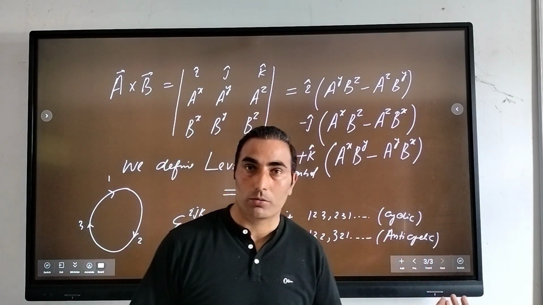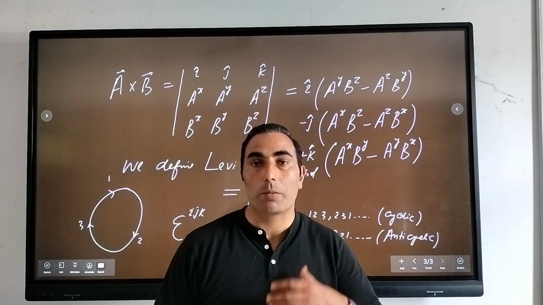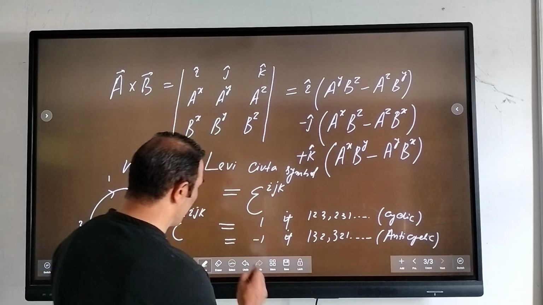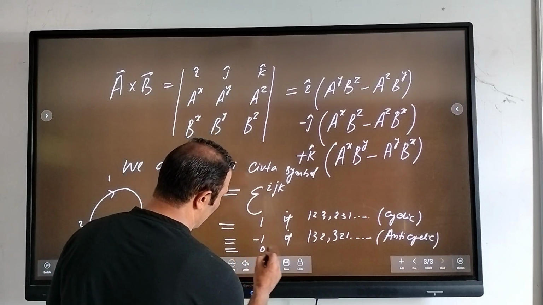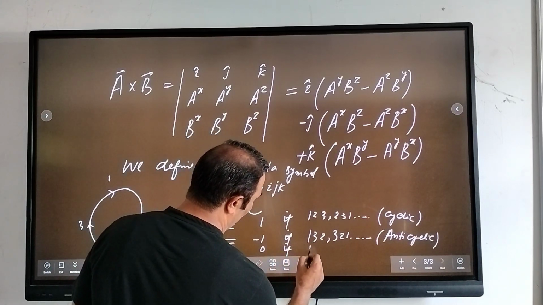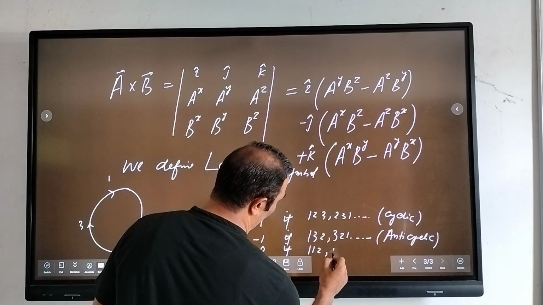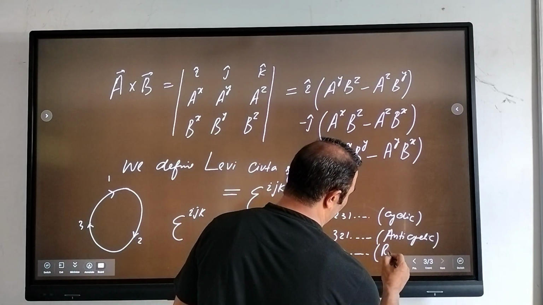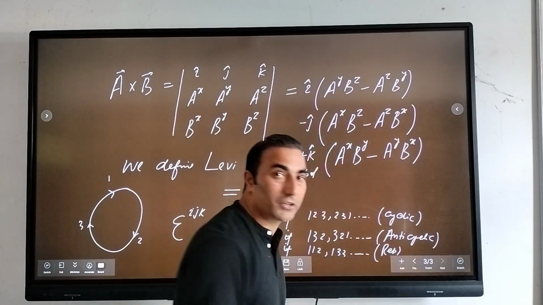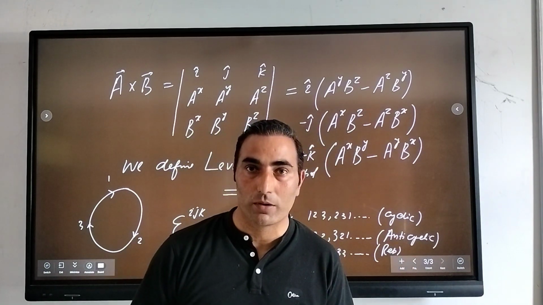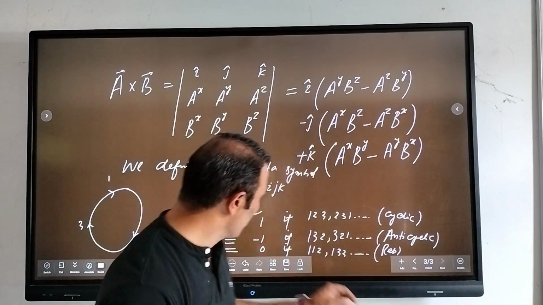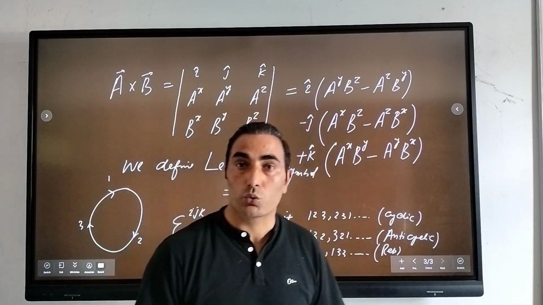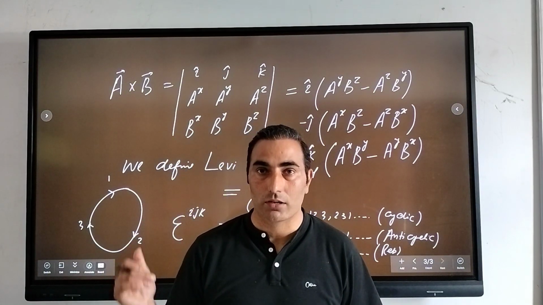Or there is one more possibility: if there is a repetition of indices. If we take an index twice, like 1, 1, 2, 1, 3, 3 or 2, 3, 3, then our epsilon ijk will be equal to 0.